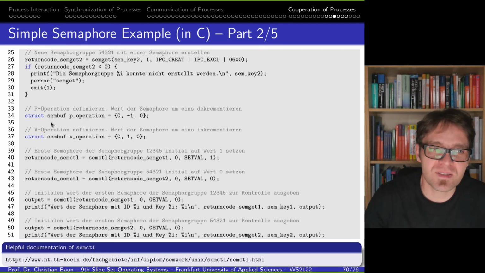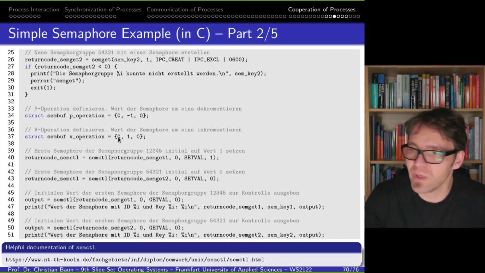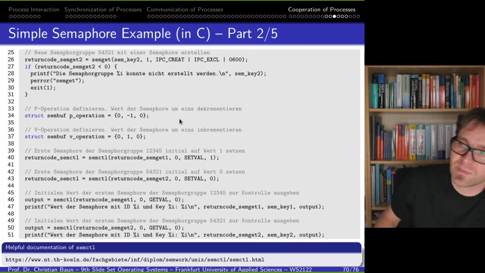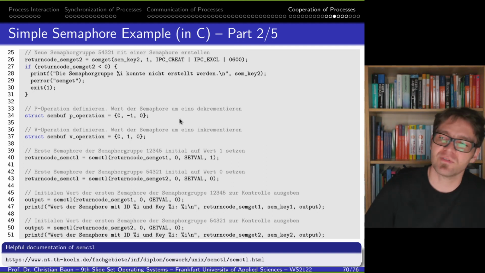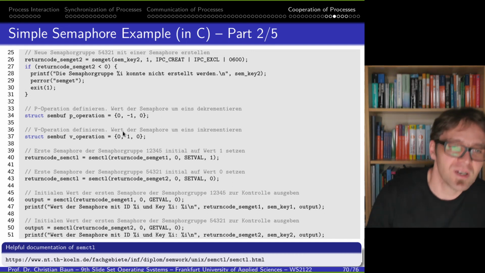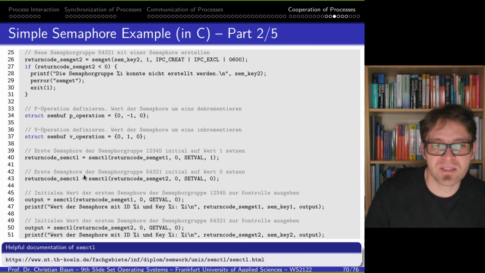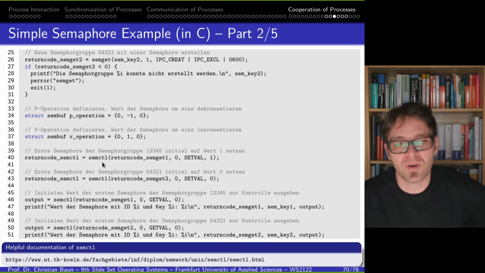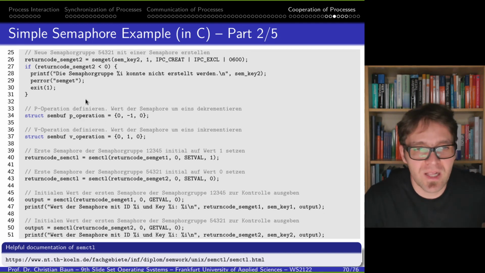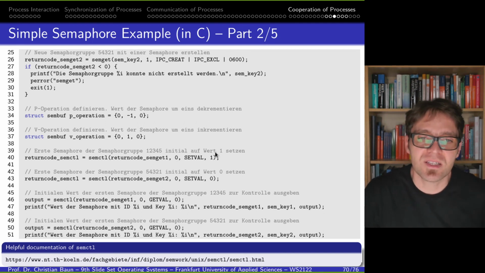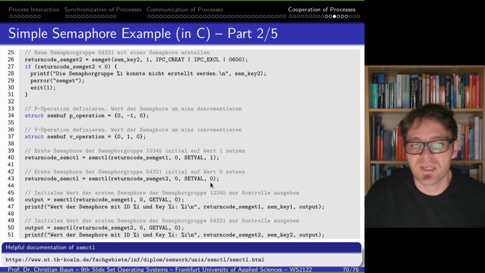Next we specify two structures here. For the P operation and V operation we specify what this means in detail, and it means for the P operation we want to decrement a semaphore, and for the V operation we want to increment it. So next we specify the initial values of the semaphores. We just have one semaphore in each group. The initial value of the semaphore in group 1 is value 1, and the initial value of the semaphore in group 2 is value 0.